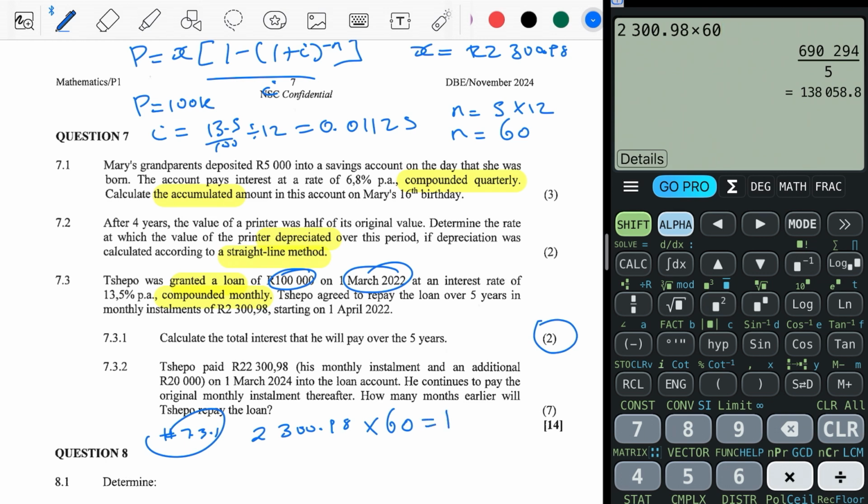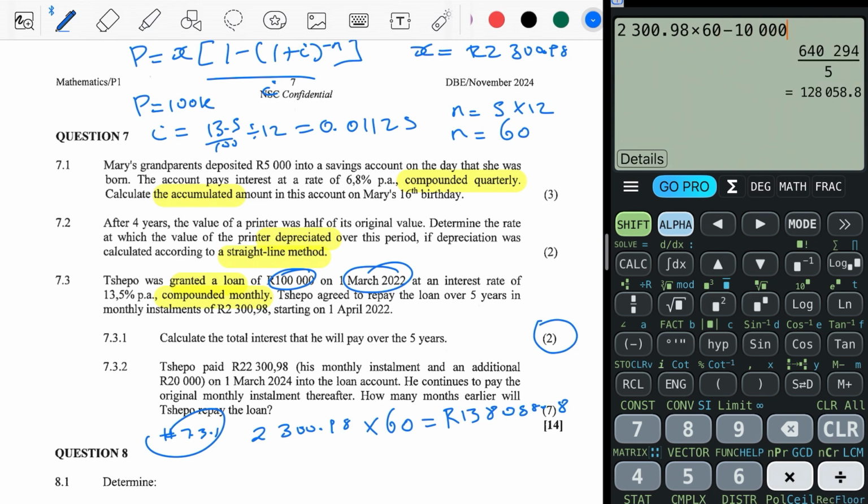So after 5 years, he paid 138,058 rand and 80 cents, right? So how much is the interest?